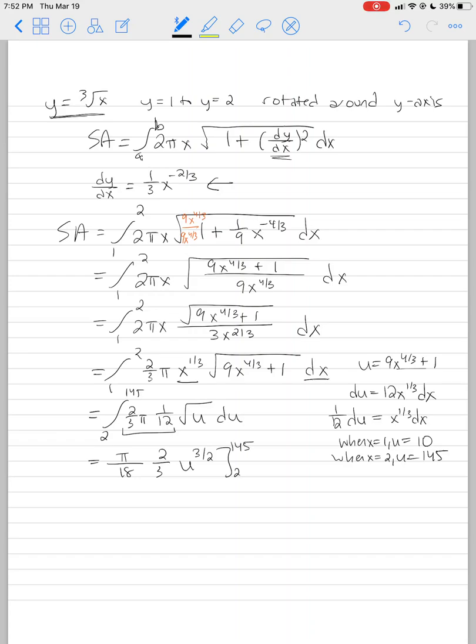Plug in 2 to 145. Gives me a result of this. Do you see why we hate these so much? Yep, I agree. Okay. All right.